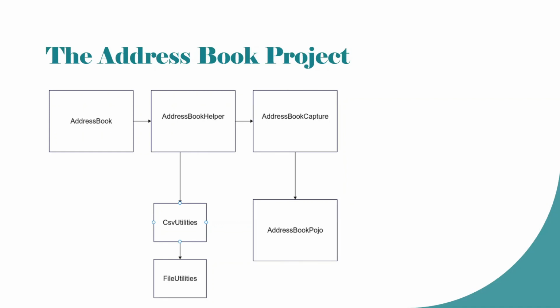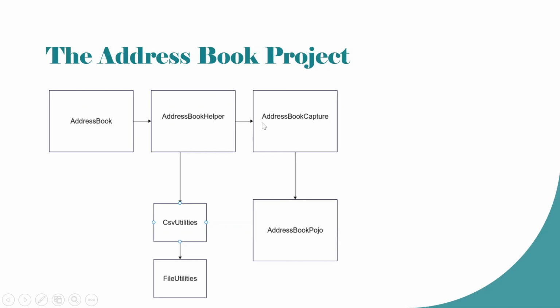Now, my design pattern is going to enable me to create multiple different projects. I'm going to have an address book project, and the first class is going to be called address book. Then I'm going to create a helper class, and the helper class is going to be called address book helper. And then I'm going to create a capture class. This is where we get the keyboard input.